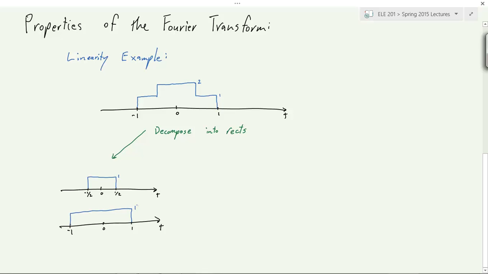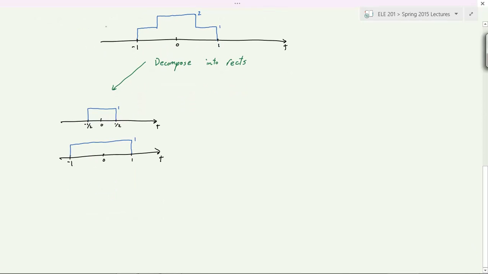You see that if we sum these together, that would give the original signal. Okay, so then by linearity, we could think of x of t. First of all, write this out by formula. It's rect of t over 2 plus rect of t.